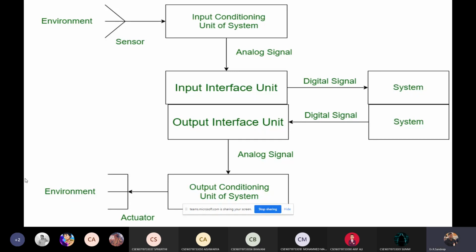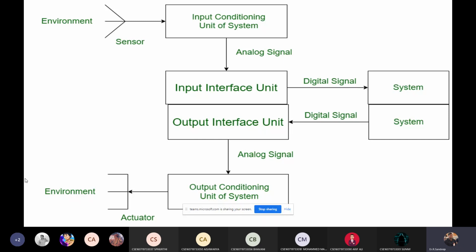So if you directly give an analog signal to the system, it will not understand what type of data the user is giving. So definitely a conversion is required. You need to convert an analog signal to a digital signal, then only the system will understand the type of data we are giving to the system.